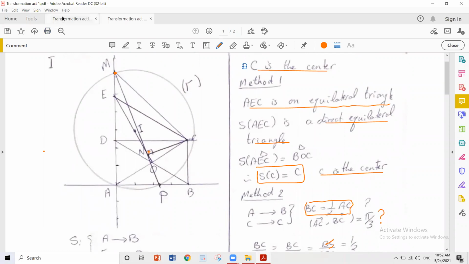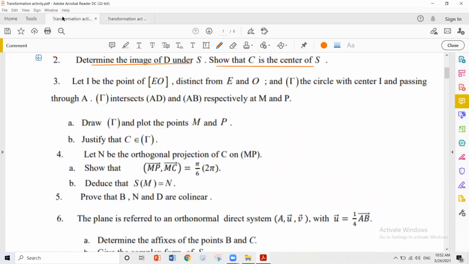It's required to show that angle MPMC equals pi over 6.